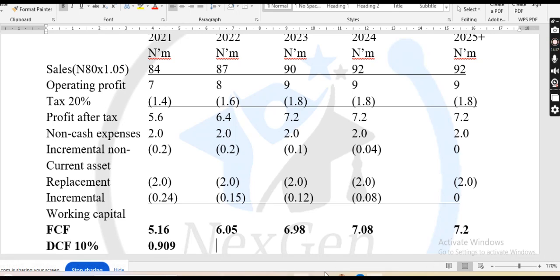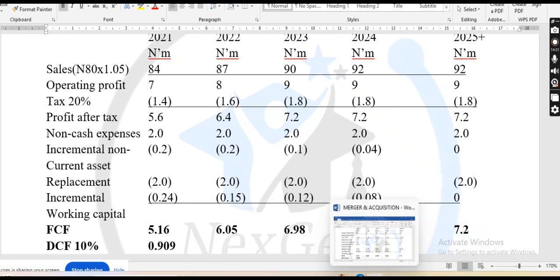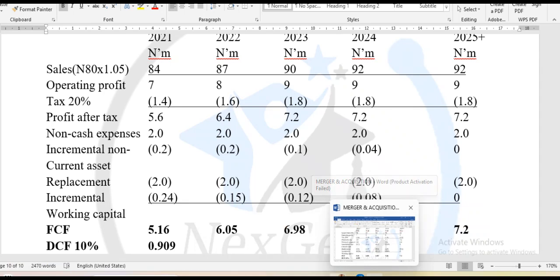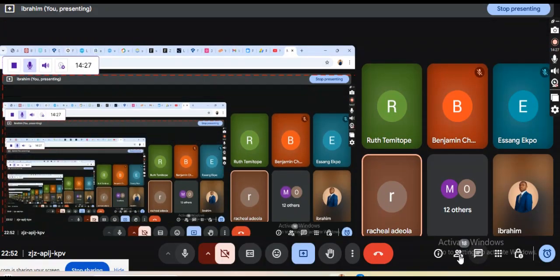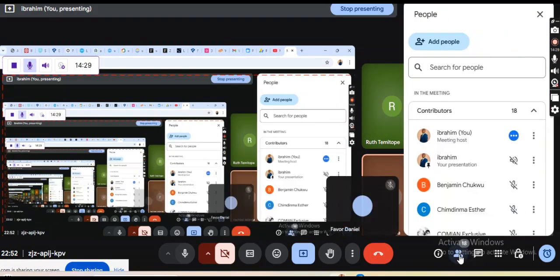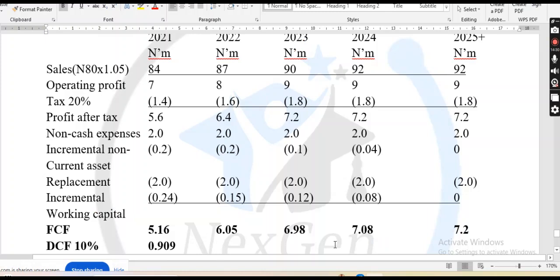So what do we have again? What is the DCF? 0.751. No, that's 0.751 for the third year.